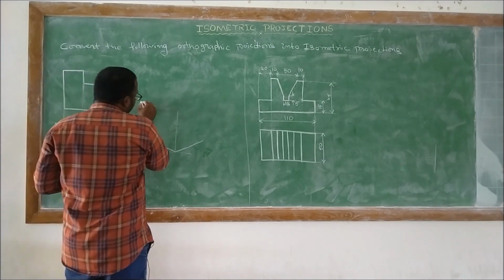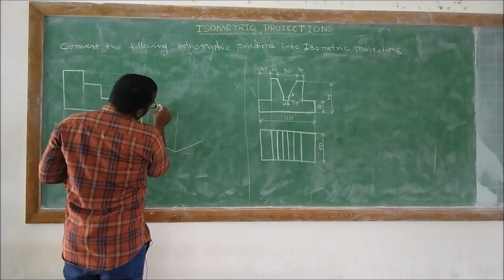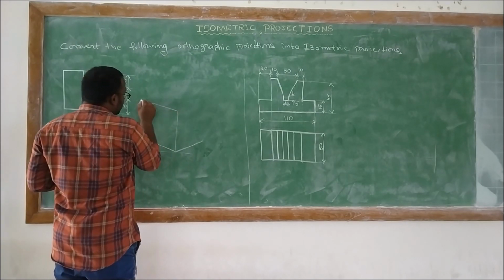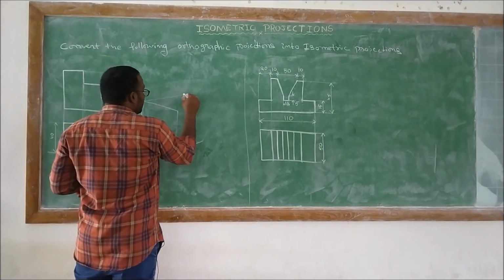Vertical lines are vertical, and horizontal lines are inclined at an angle of 30 degrees to the ground.